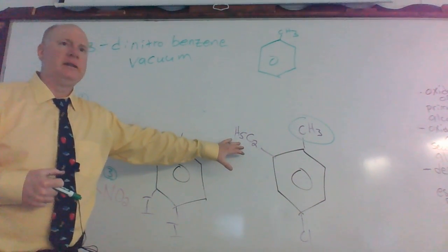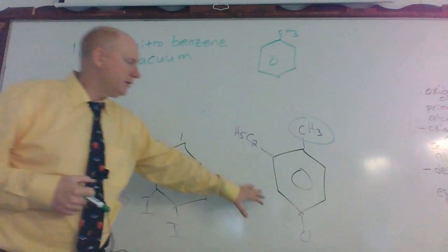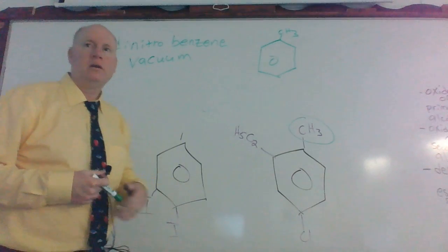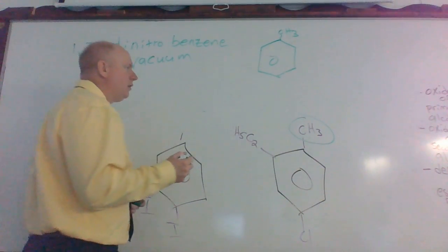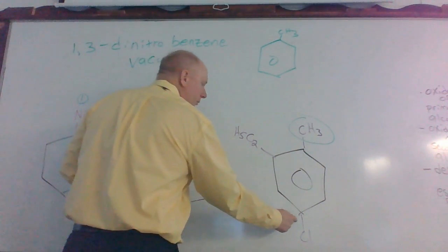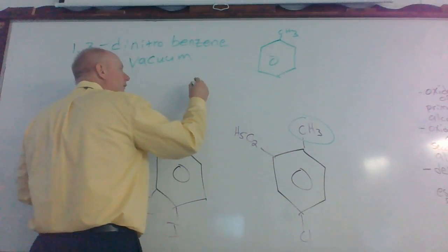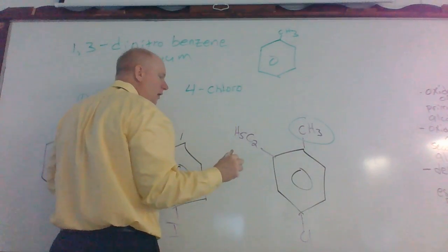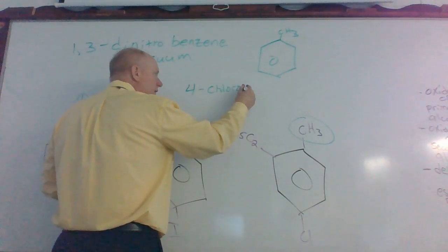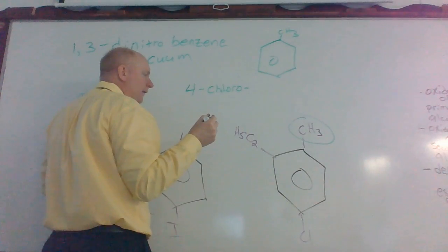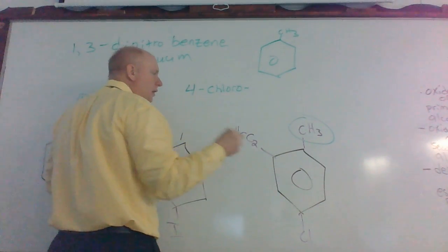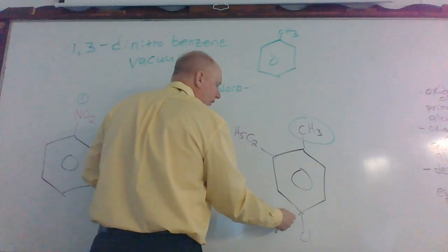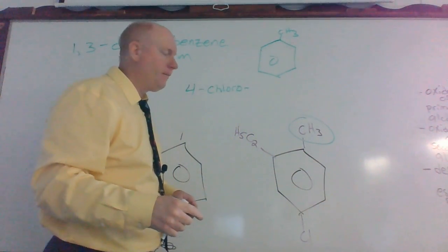What group is this? Okay, so alphabetically, which one's first? Chloro. So, upon doing that, what number is this in reference to that? 4-chloro. Okay. Then this guy is, if we go this way, because we know that this one comes first, right? Yeah.